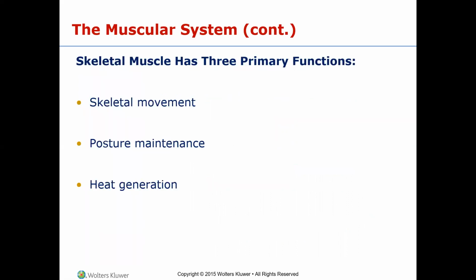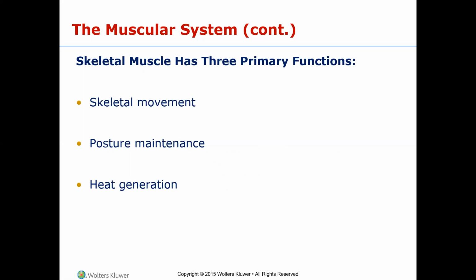So skeletal muscle has 3 primary functions, and those are, of course, for moving our skeleton. Those muscles are attached to bones, and they contract to change the position of our bones at a joint, and then, of course, to maintain our posture.